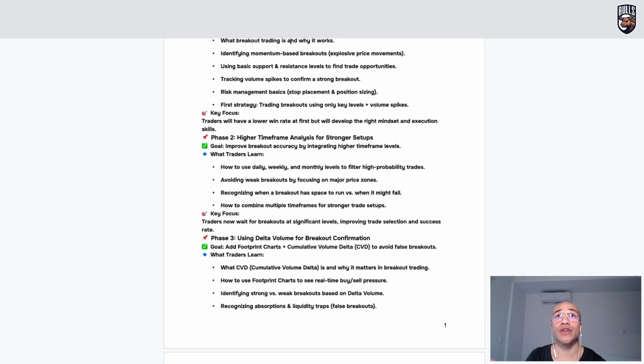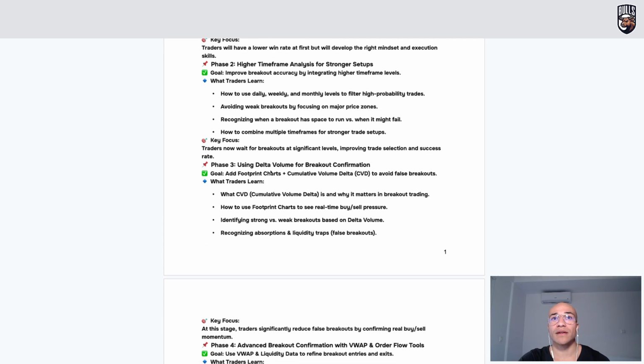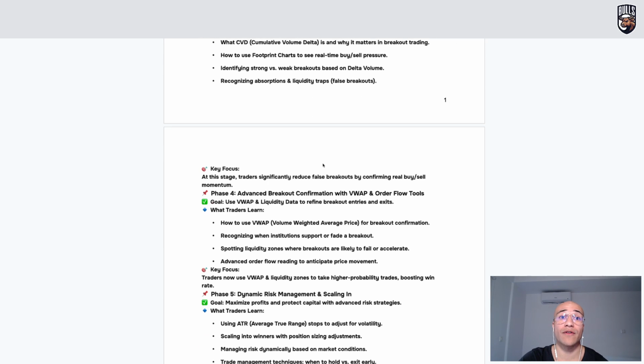You need to make sure that you are more right than you are wrong, or at least that whenever you are right, you capitalize well on the position that you took. And that is exactly what we will do here. Then in phase 3, we will take delta volume to further confirm the breakouts.